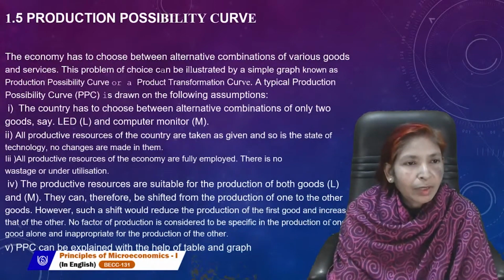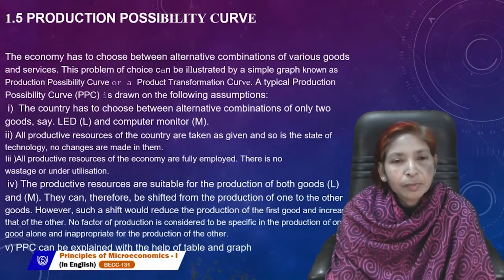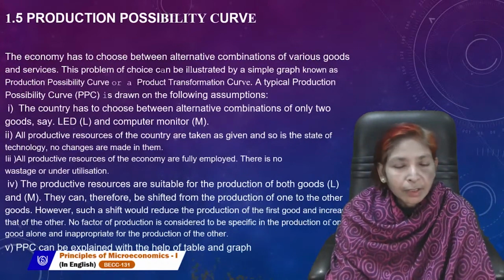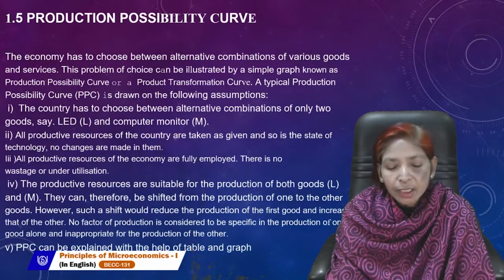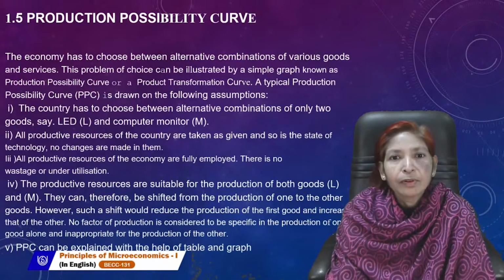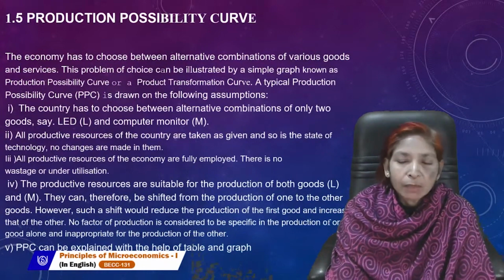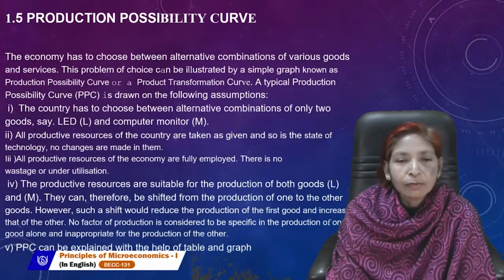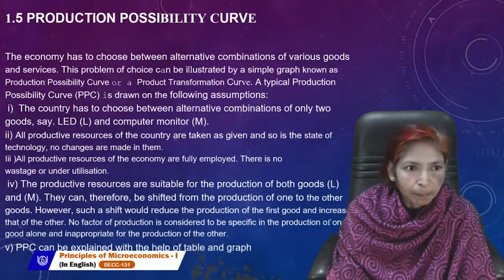In other words, we can say that production possibility curve is a graphical presentation of various combinations of the output which can be produced by the producer with the help of given resources and given technology.